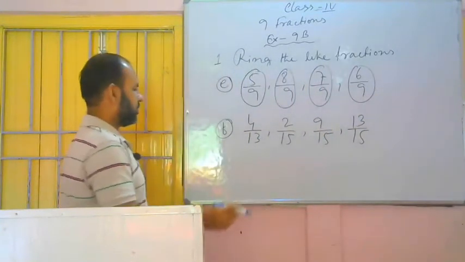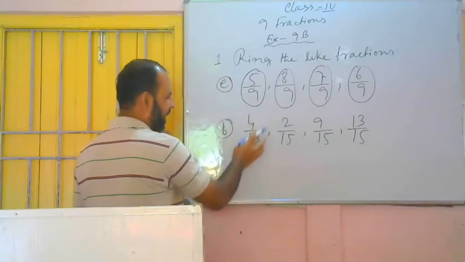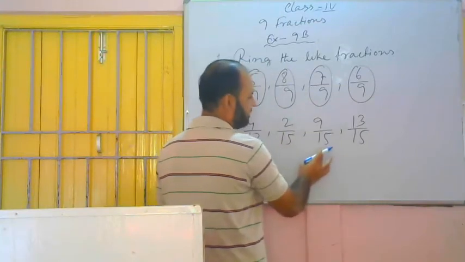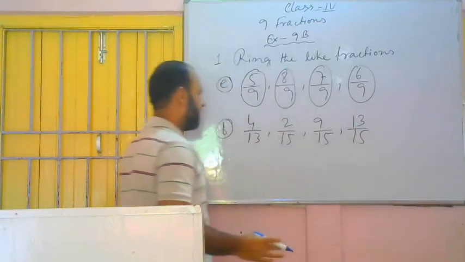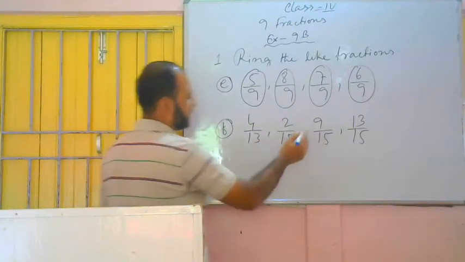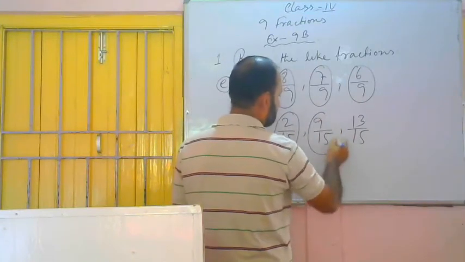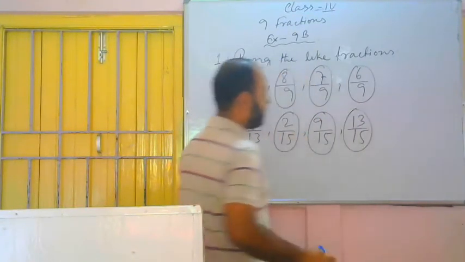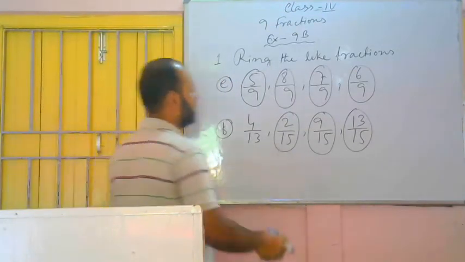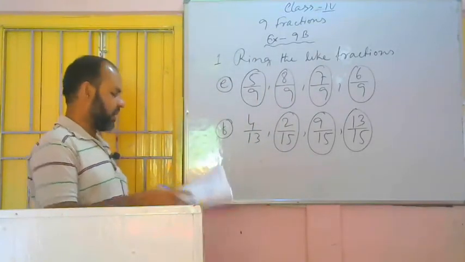So in this question, except this 4 by 13, the rest 3 fractions have the same denominator 15, 15, 15. That means these 3 fractions are like fractions. So next, question number 2.